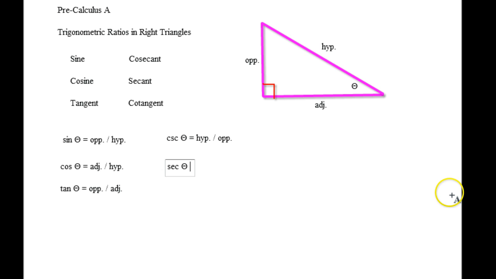For those of you that are college football fans, that's going to be gorgeous. Little acronym right there. So hypotenuse divided by the adjacent side, and cotangent is just cot, Alt 233, equals the adjacent side divided by the opposite side.